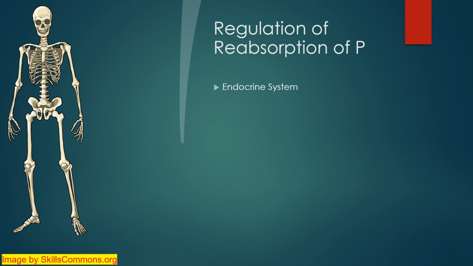That's going to happen when you get a calcium phosphate product of 55 milligrams squared over deciliters squared. So what the heck is that? If my calcium level is 11 and my phosphorus level is 5 milligrams per deciliter, when you multiply those two together, you get 55 milligrams squared over deciliter squared.